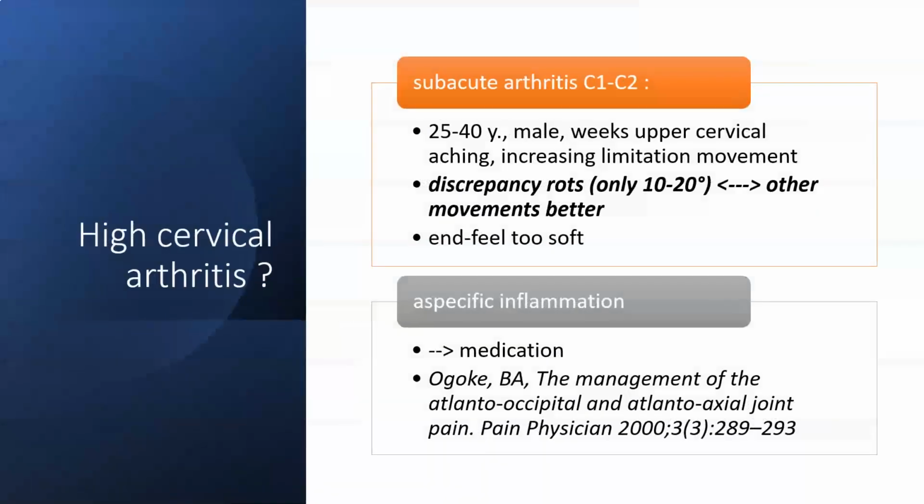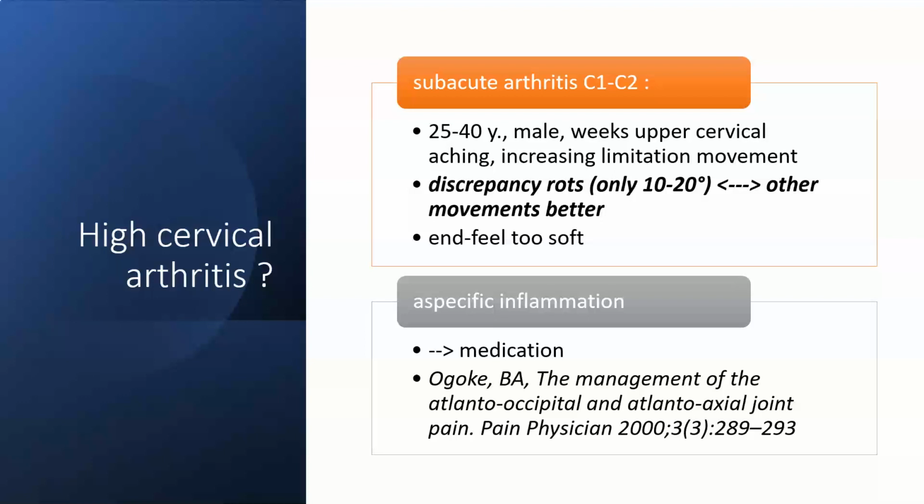Another pathology is a high cervical arthritis. We talk about young patients who have some high cervical pain during some weeks and increasing limitation of movement, but there is a discrepancy between the limitation of movement in the rotations and the other movements.